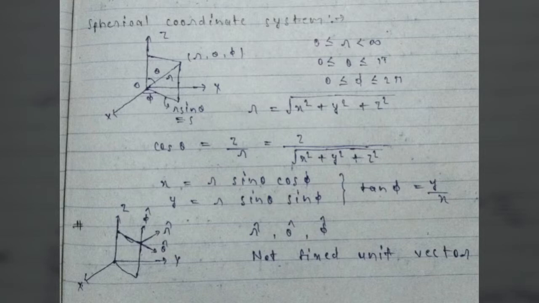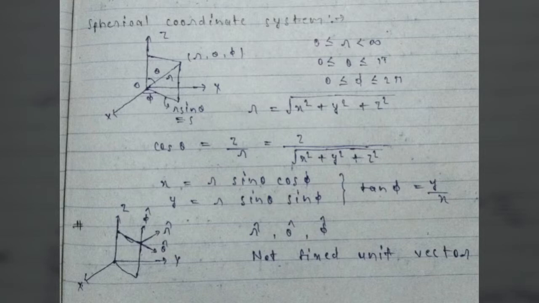and if I make the plane containing this point and the z axis, so this is r, the distance from the origin to the point.